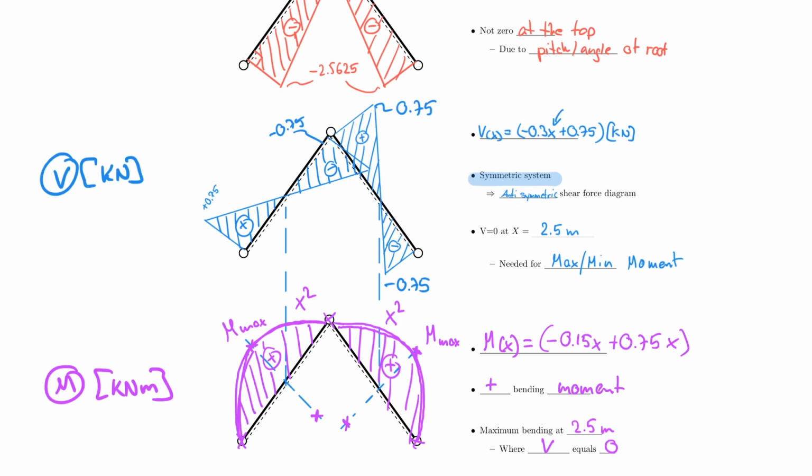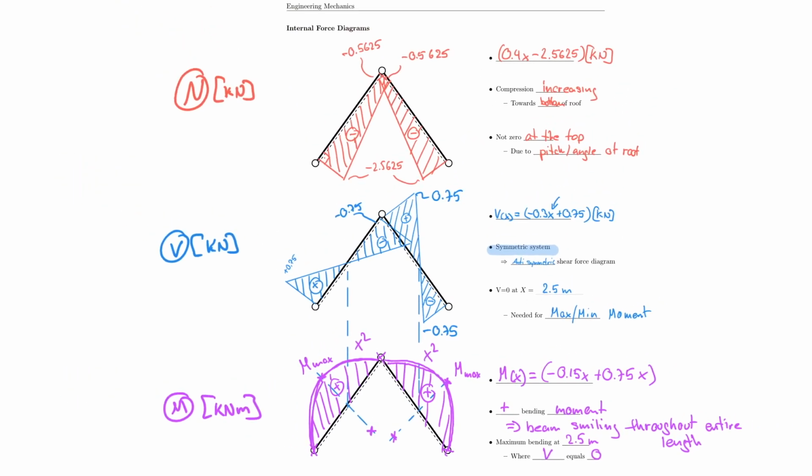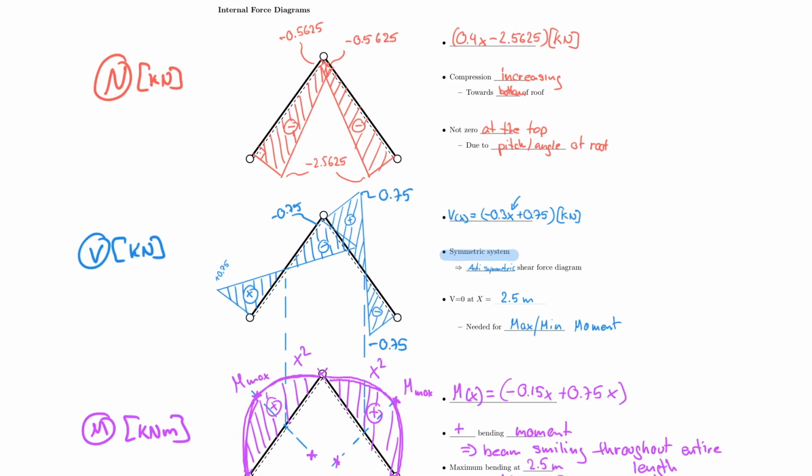So the beam is smiling throughout its entire length. And so you see now that we actually completed all 3 diagrams for a non-rectangular frame with self-weight on it.